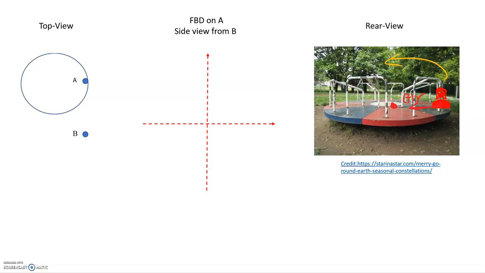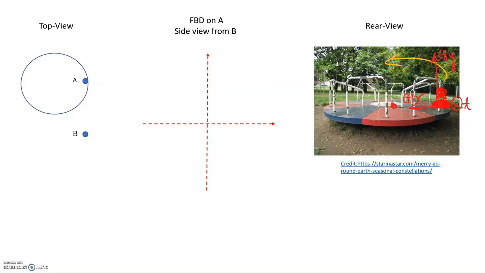So upwards is going to be positive y. And then finally, the direction of the velocity, that tangential direction, is going into the page, being the positive t direction.